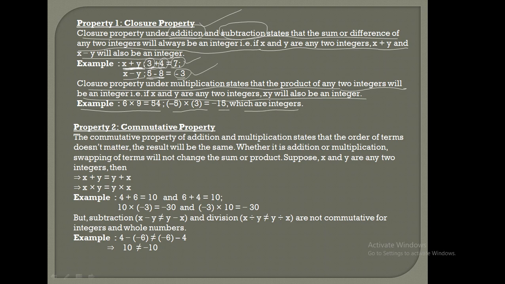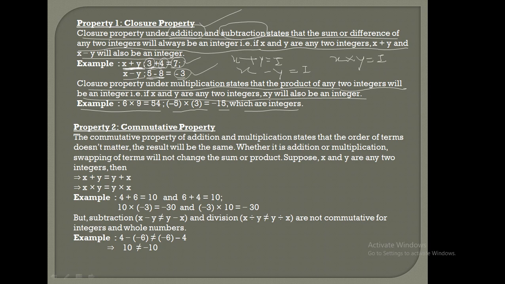So I can say that if I add any two integers, the value will be an integer. If I subtract any two integers, I will get an integer. If I multiply any two integers, then I will get an integer.